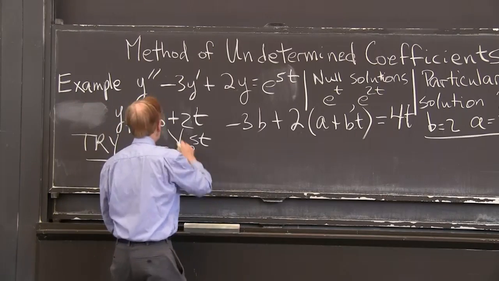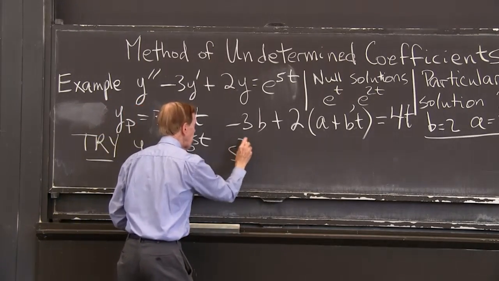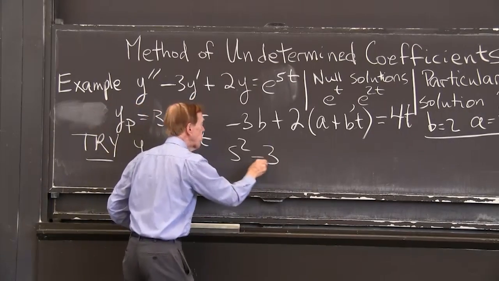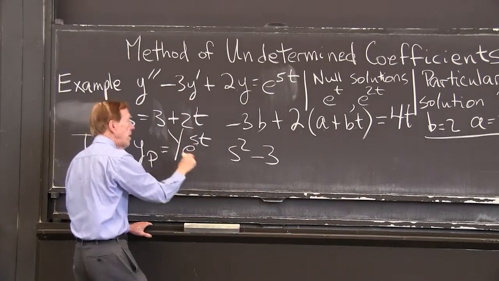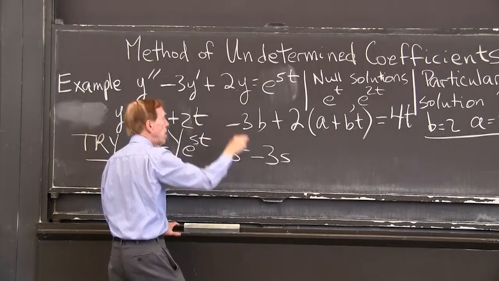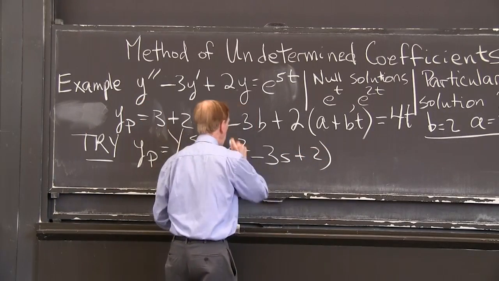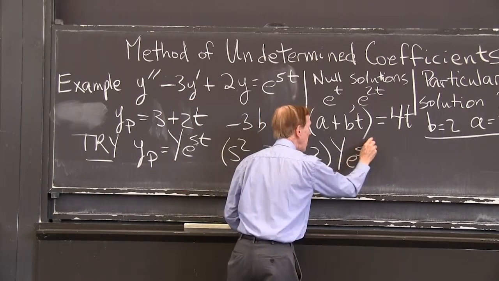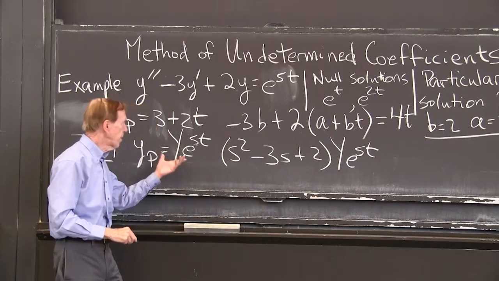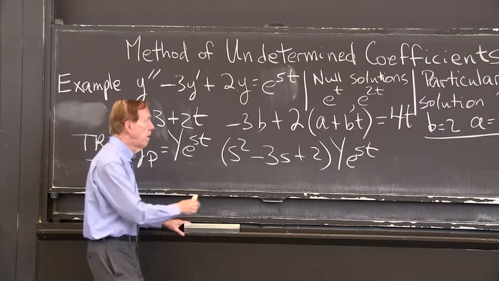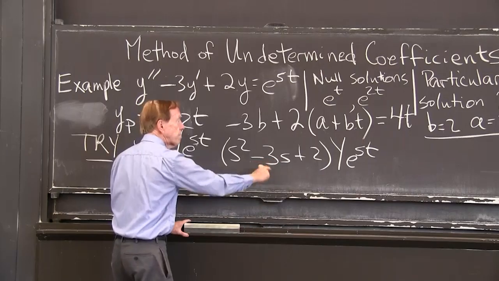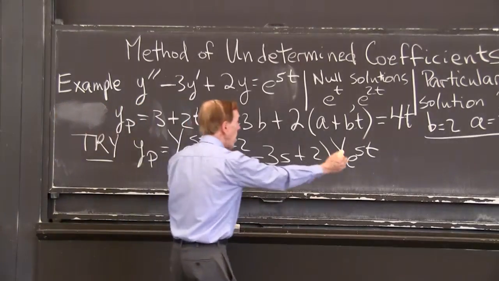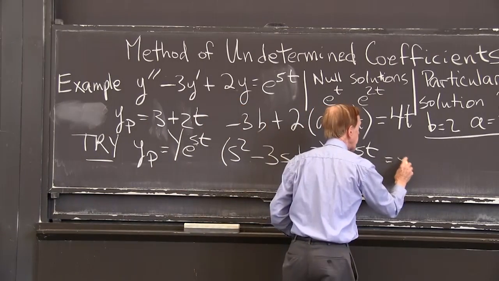Second derivative brings down an s squared, and first derivative, we have a minus 3. The first derivative brings down an s, and I have plus 2. All that is y e to the st, right? I put in y e to the st. The derivatives brought down this familiar polynomial, and it's all supposed to match e to the st.